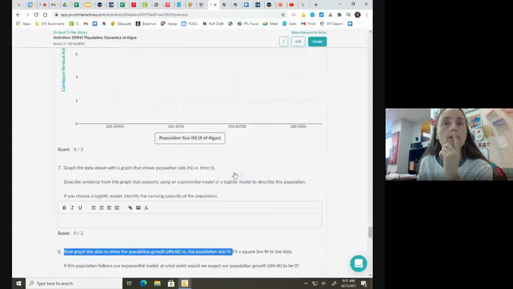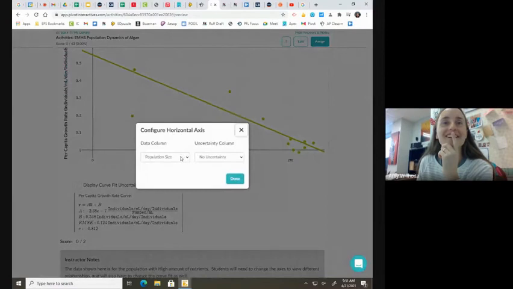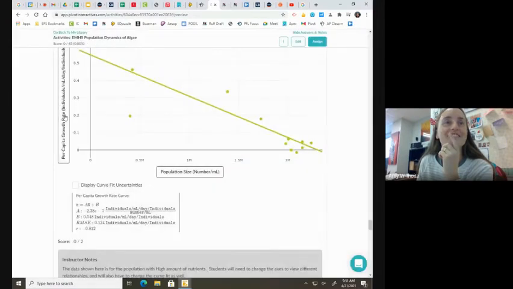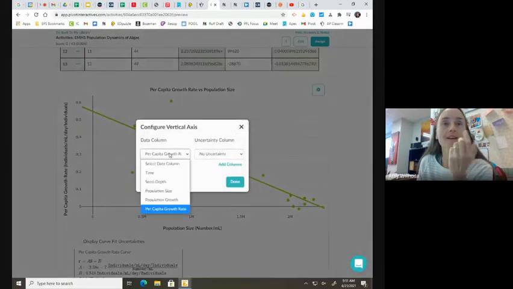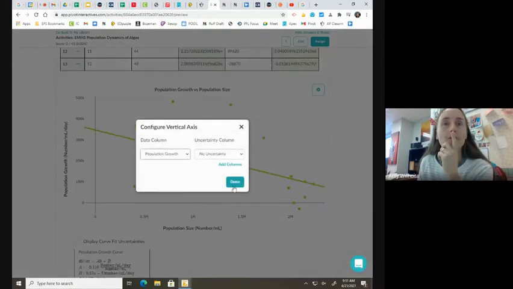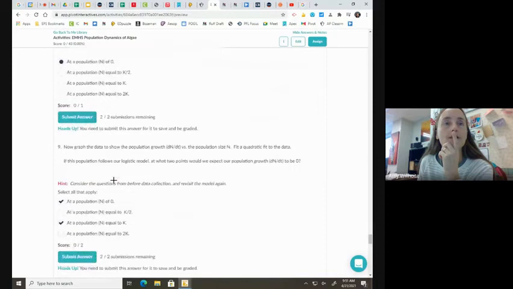What did I just do? Oh, I took off their thing. Population size, and population growth. There, it's on there already. If it wasn't, I would take it, but wait, population growth, not per capita growth. Population growth, population size. That's what I got.